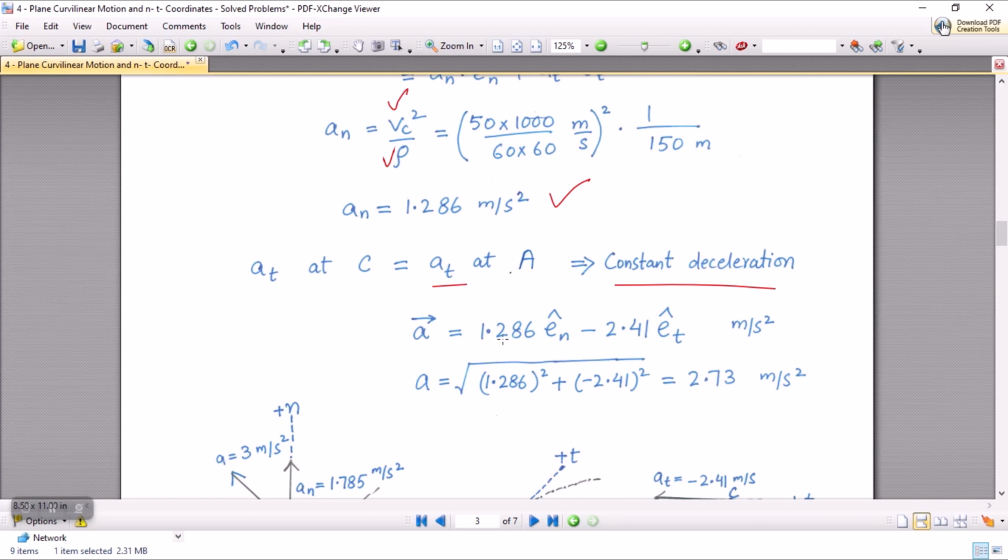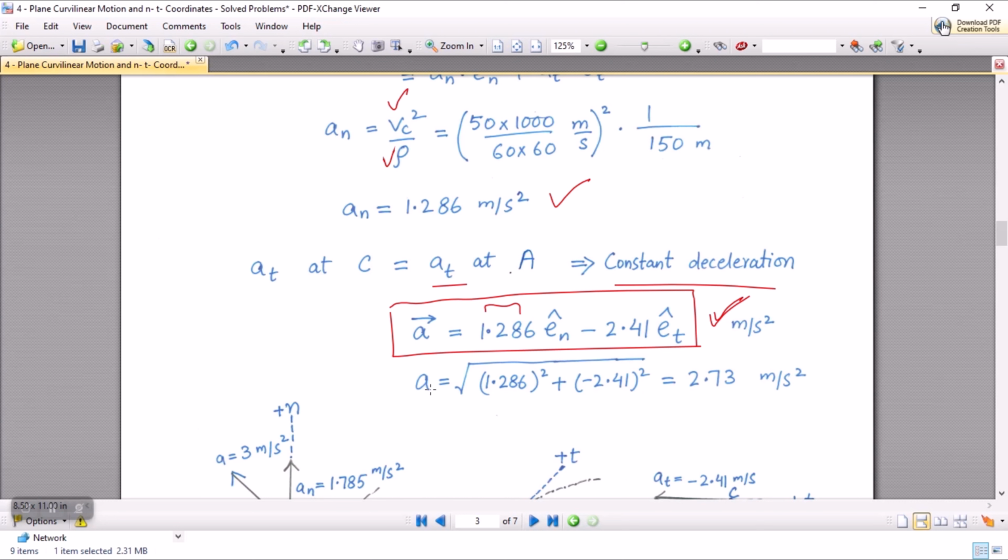So therefore we can write the total acceleration vector as the n component which we have just determined, 1.286 times e sub n, the unit vector in n direction, plus minus 2.41 times unit vector in t direction, right? So this will be the total acceleration vector, but the thing which we need to determine is the resultant acceleration.